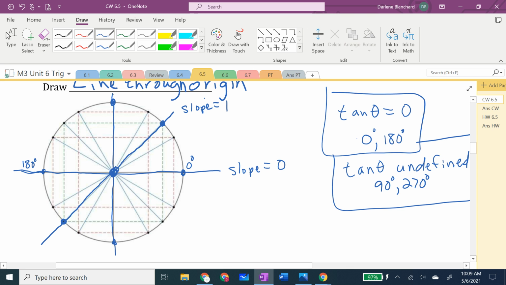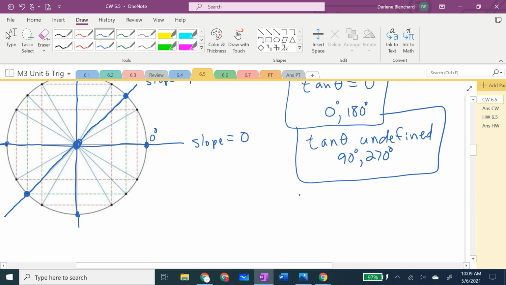What are those two angles? Halfway through quadrant 1 and halfway through quadrant 3 would be 225.